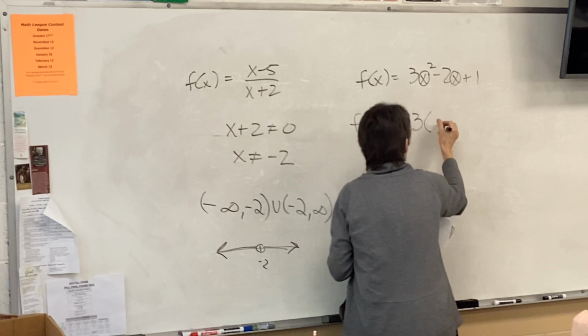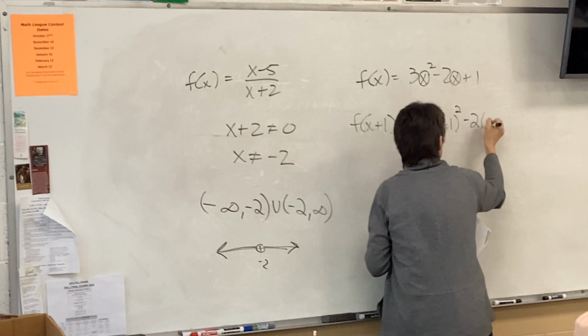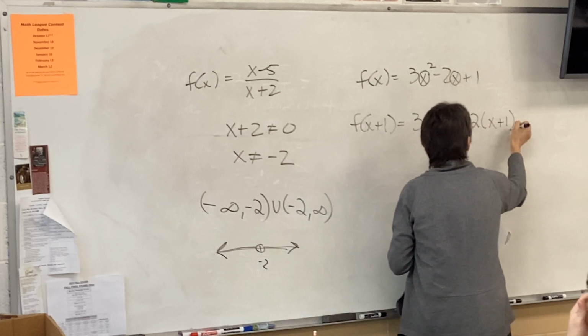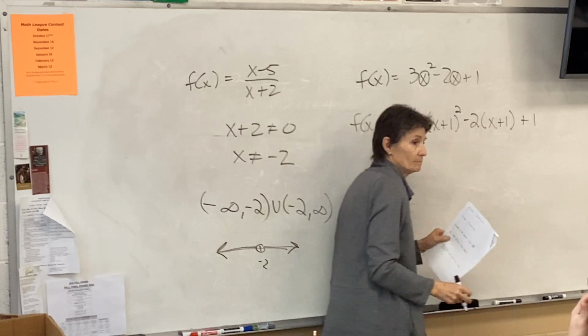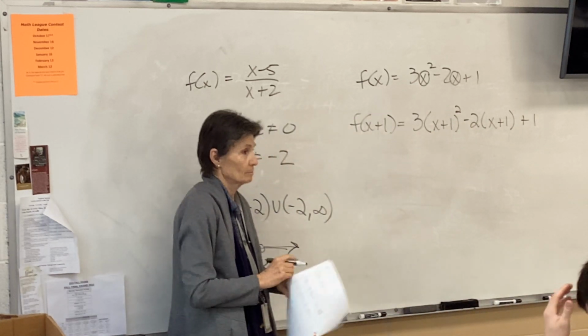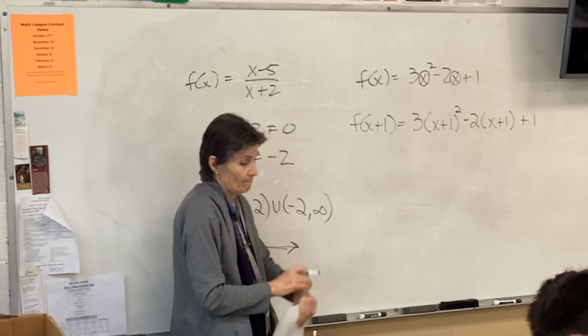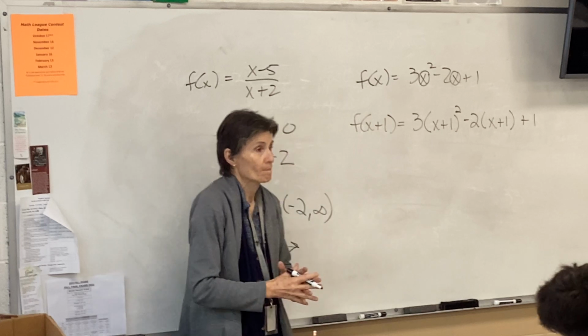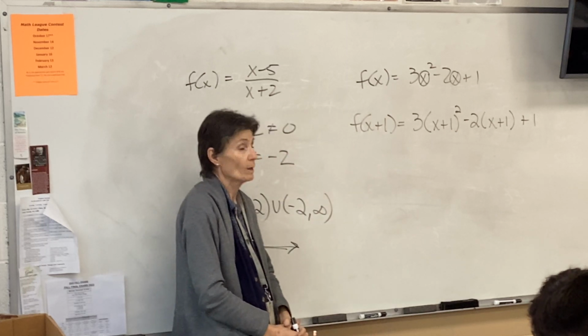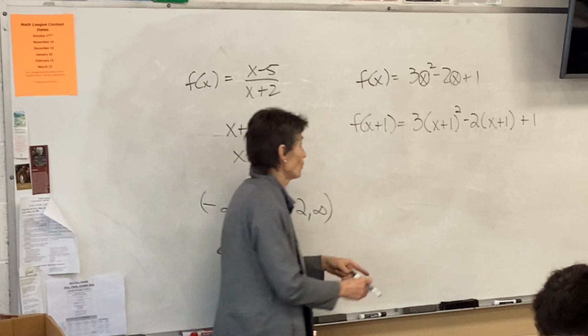So 3 times x plus 1 squared minus 2 times x plus 1 plus 1. Then what? Foil it. Foil the top. Foil the first one. Foil this guy right here.